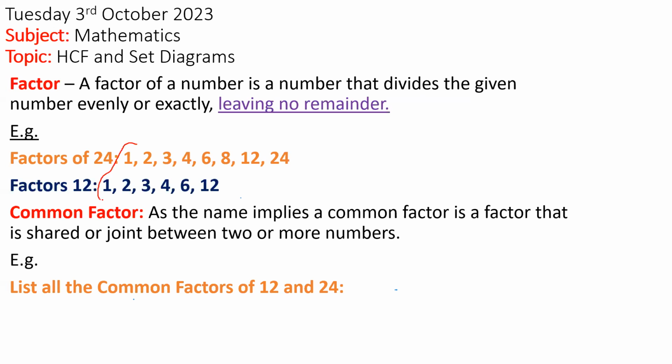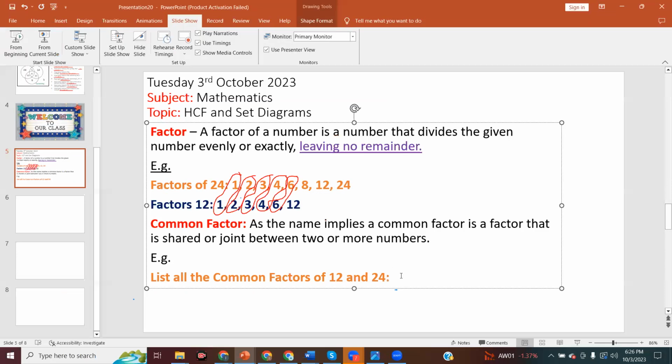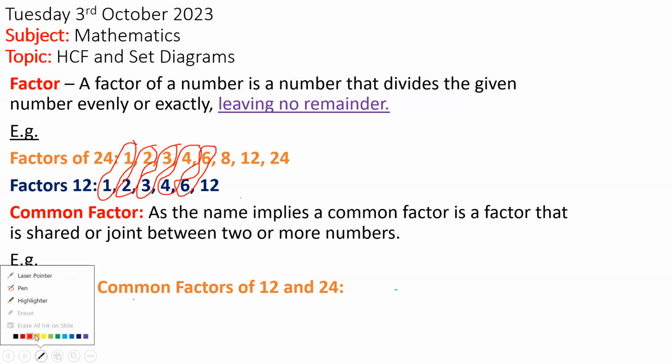So 1, 2, 3, 4, 6 will be called the common factors of 12 and 24. Don't forget 12. I was just testing y'all, making sure.